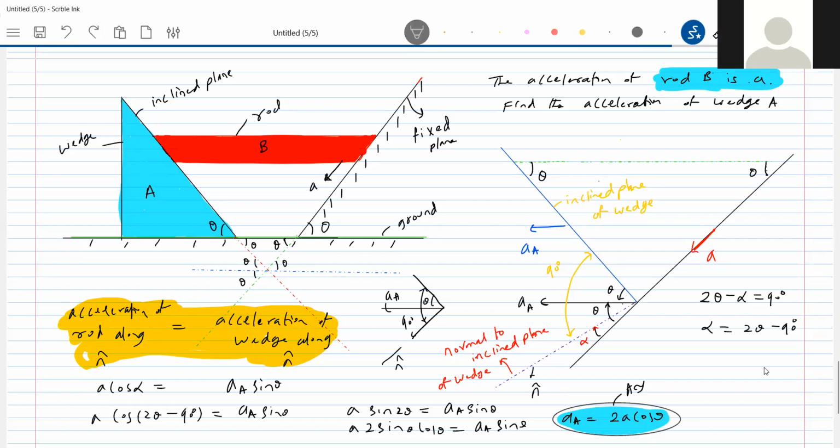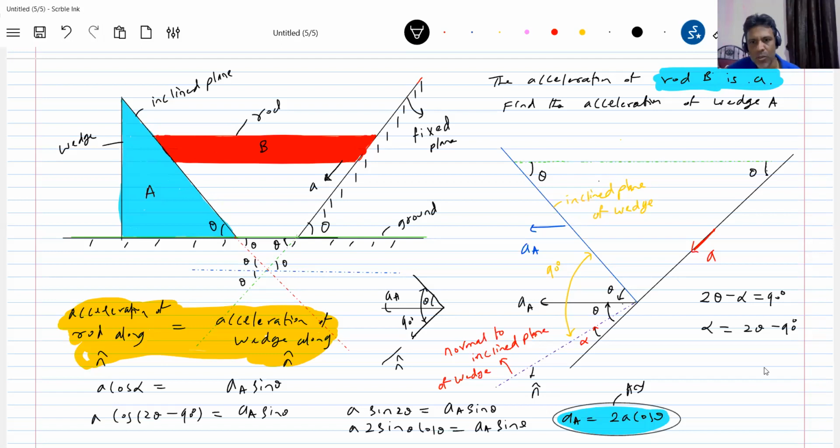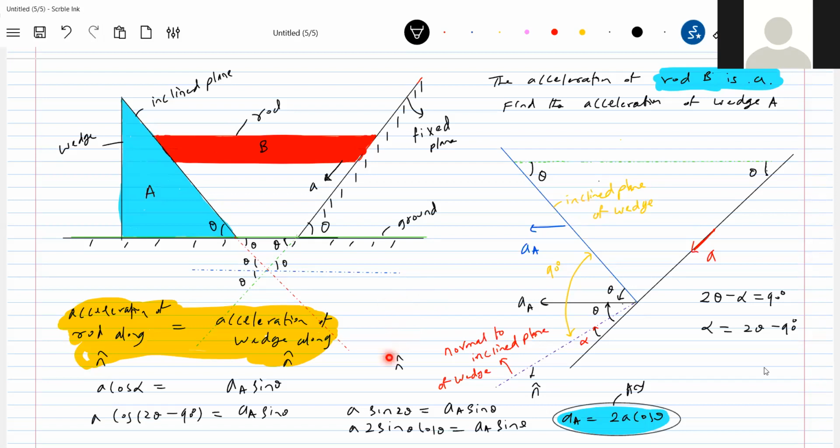Because of the 90 degree, I'm showing that yellow color one, that you have to make out. Now, almost everyone is having trouble with that, and I'll draw one more diagram.